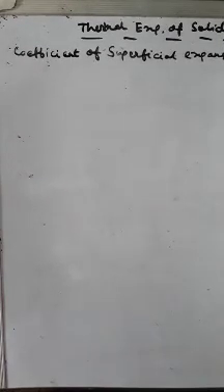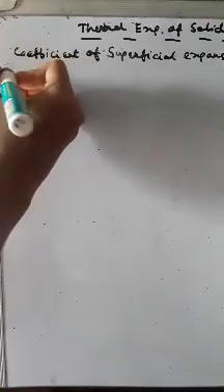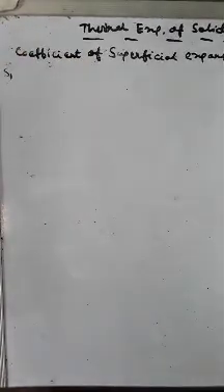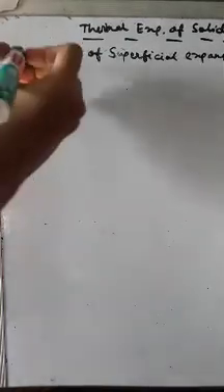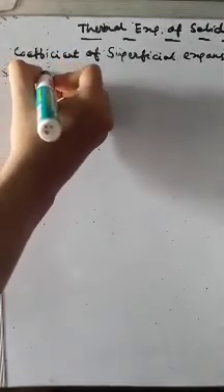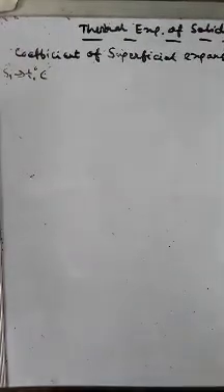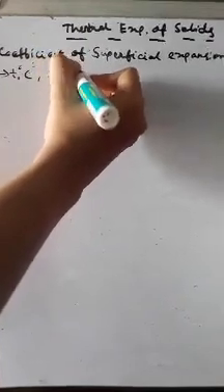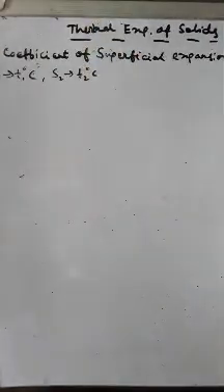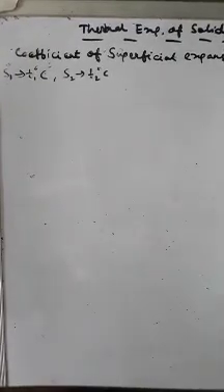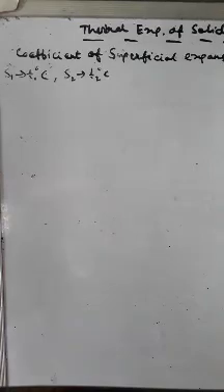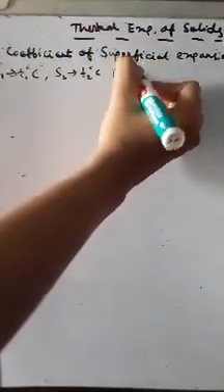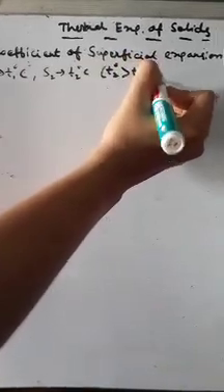If S1 be the initial surface area of a solid at T1 degree C, that means S1 is the initial surface area of the solid, and it is kept at the temperature of T1 degree C, and S2 be the surface area at T2 degree C. You have to assume that your T2 is greater than T1.